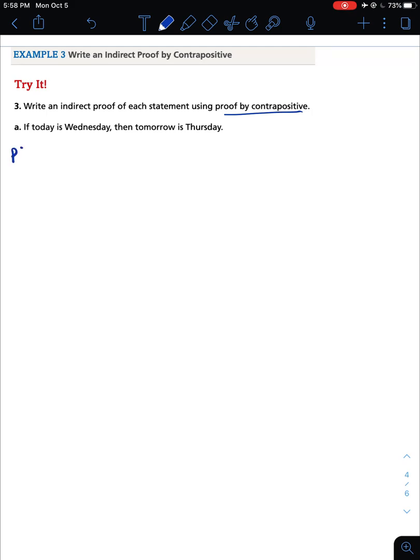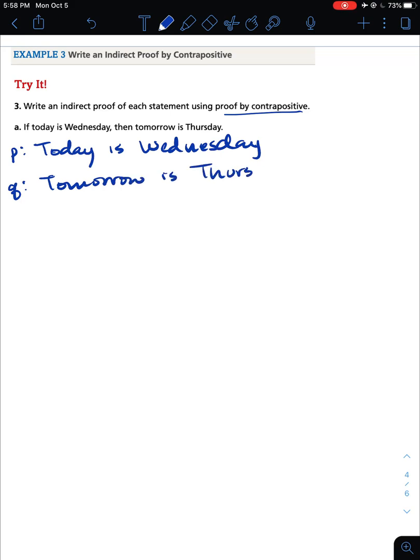So again, the first thing I want to do is identify my P and my Q. My hypothesis is today is Wednesday. My conclusion is tomorrow is Thursday.